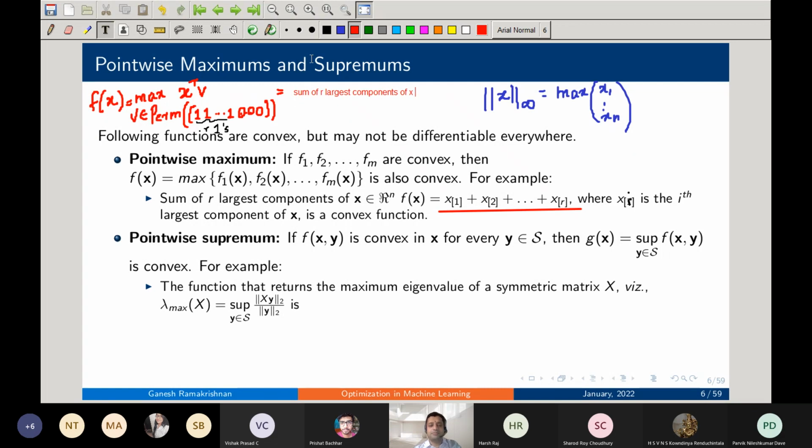And therefore it's convex because it's a pointwise max of a finite number of linear functions. x transpose V is a linear function. Therefore it's convex. Linear functions we know are convex. Okay, does that help?